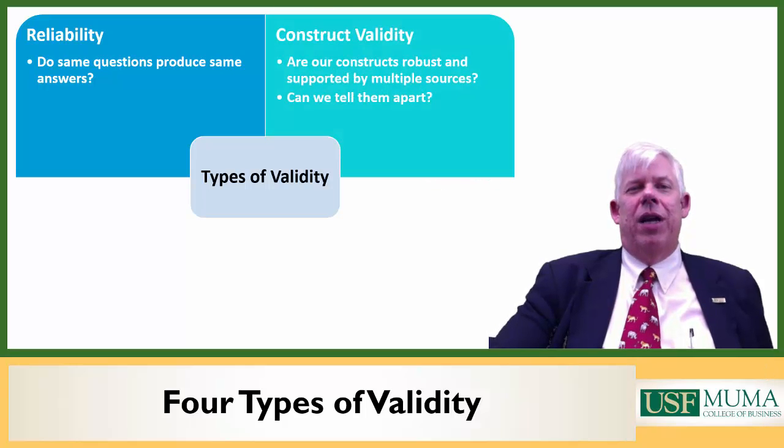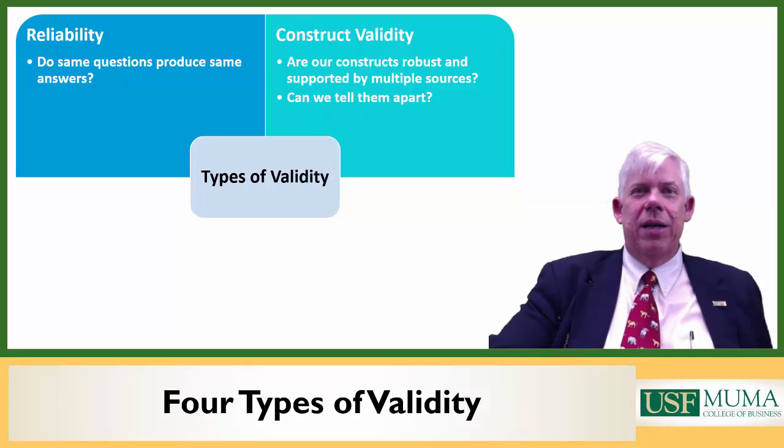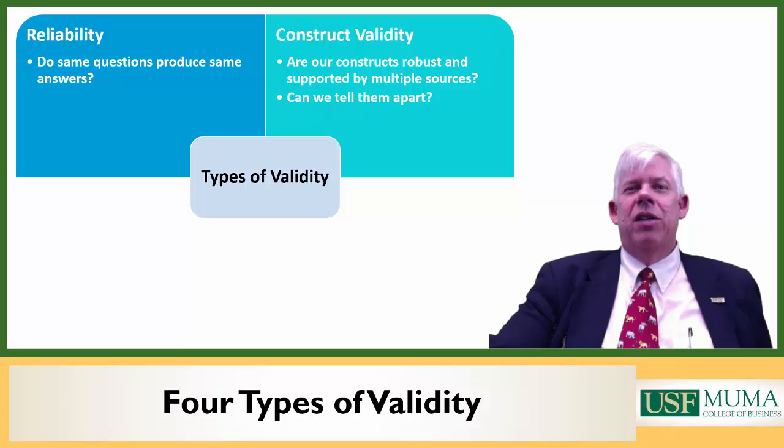Another type of validity is construct validity. We have a conceptual scheme which involves constructs, such as the notion of user satisfaction or self-efficacy or all sorts of other constructs. So the question is, do these constructs appear in multiple sources?